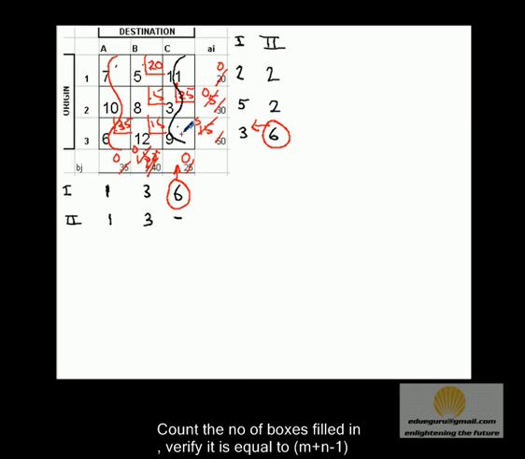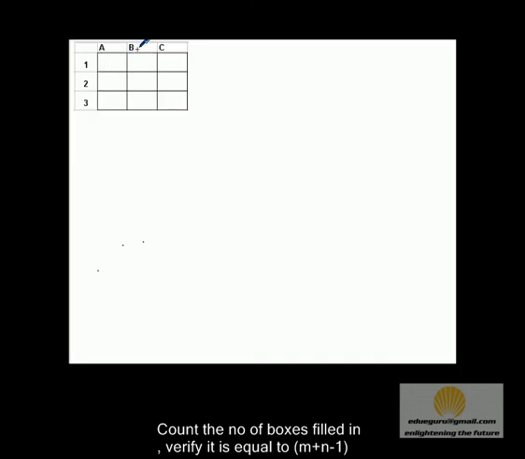Now if we look at the total allocation, we'll see the allocation has been made to 5 cells. Those 5 cells, we'll put in a fresh box.